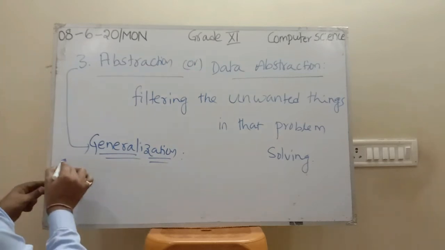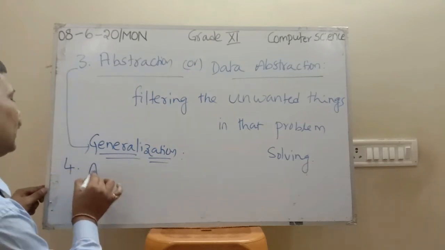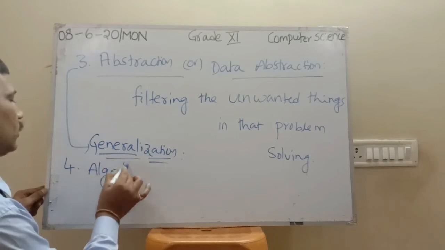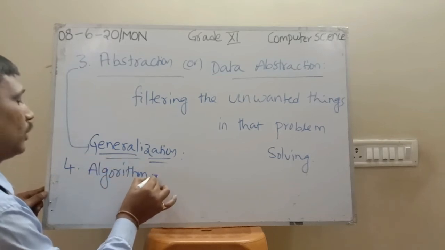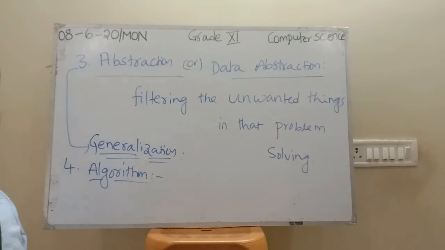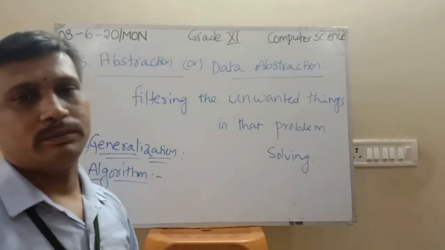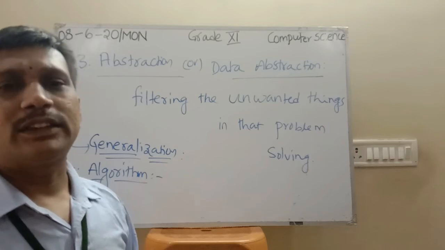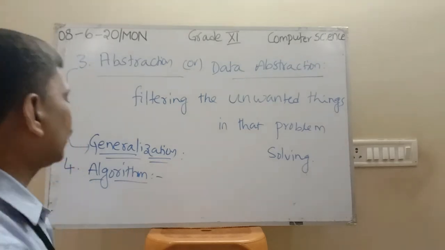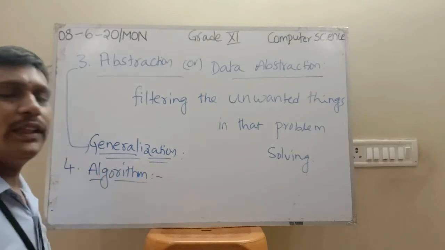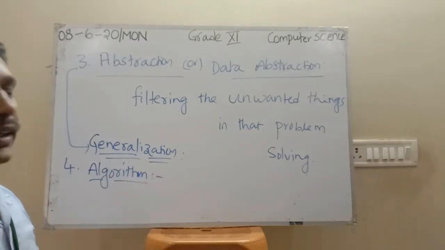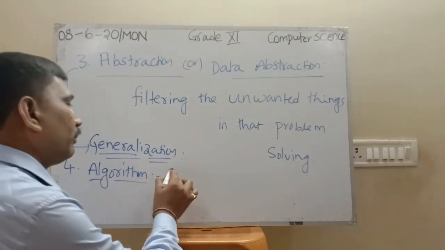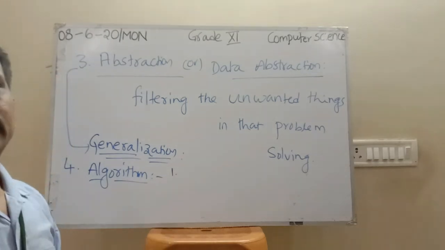Next, coming to algorithms. For every logic of a program or problem, first we identify all the sequence of steps. After that, the logic can be implemented as a sequence of steps.